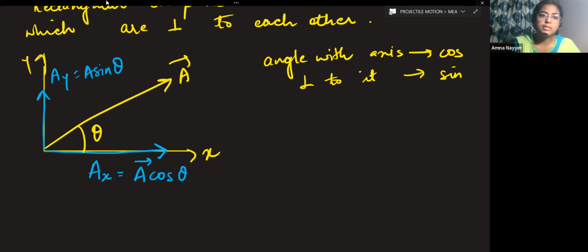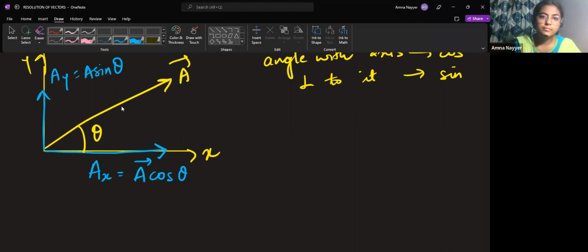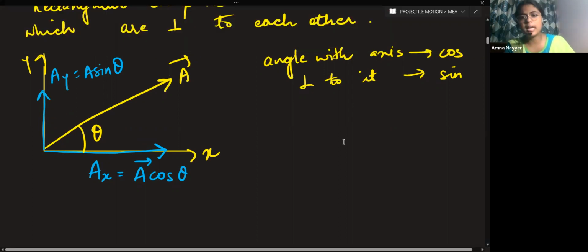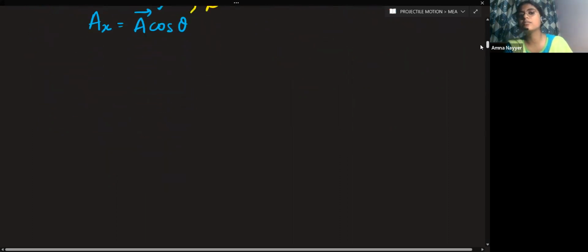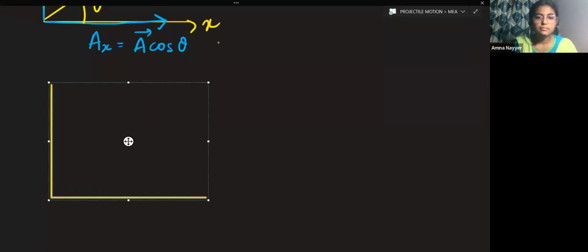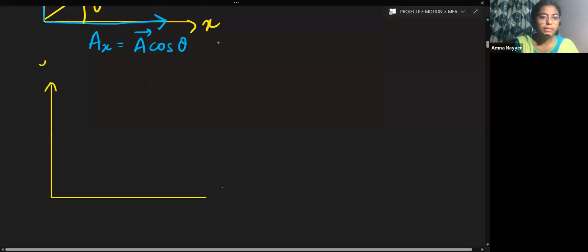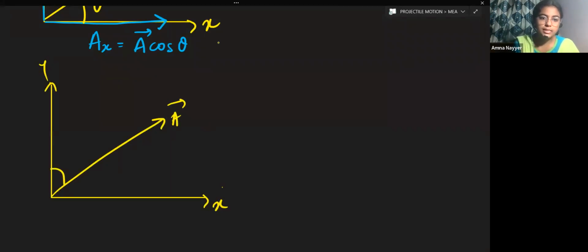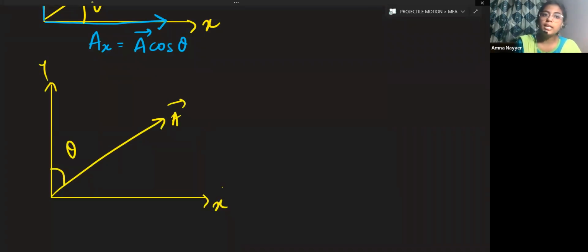I'll give you one more example. It's not necessary that you use cos theta with x-axis. You just have to focus on the axis with which theta is being made. For example, let's say this example. This is y-axis, this is x-axis. This is your vector A. This is theta now present. What did I tell you?